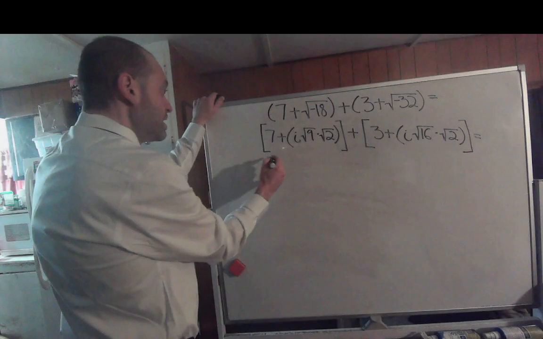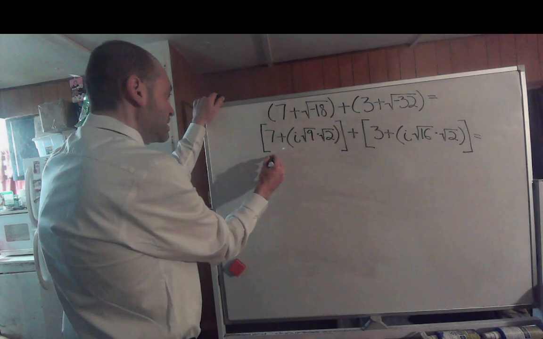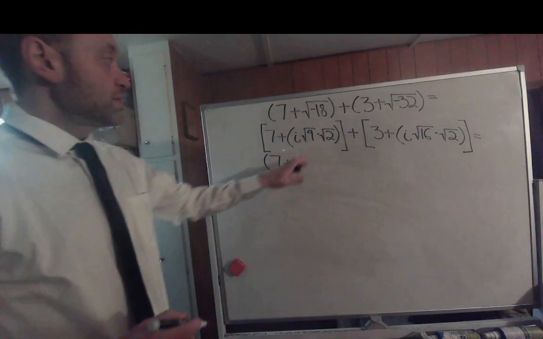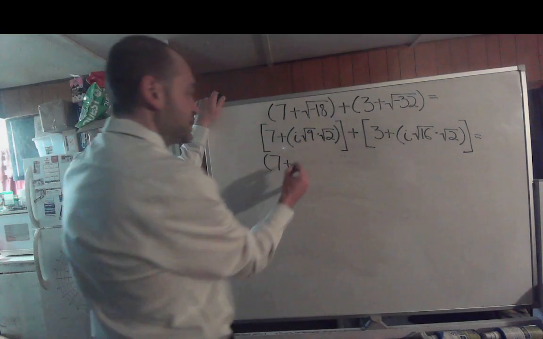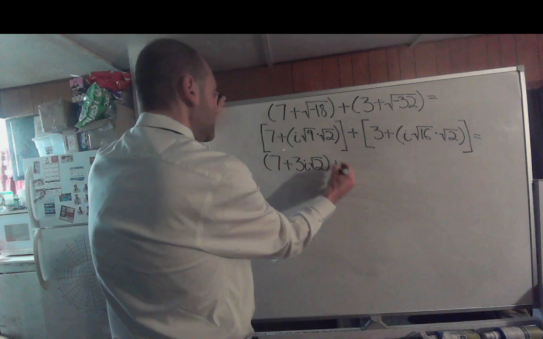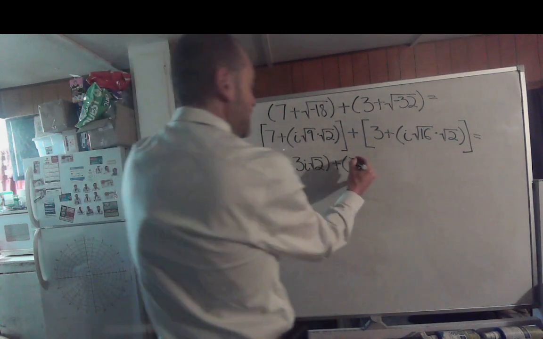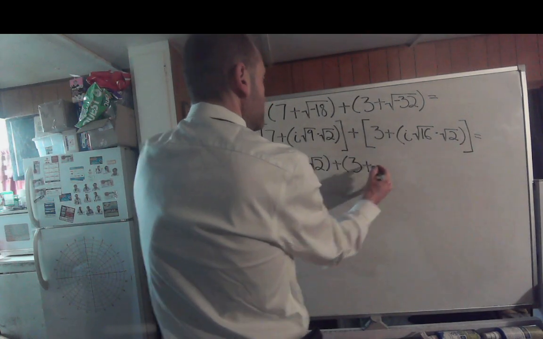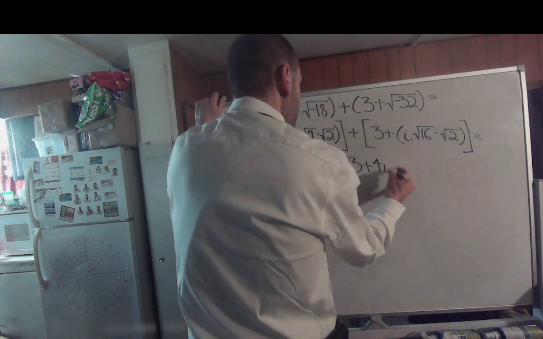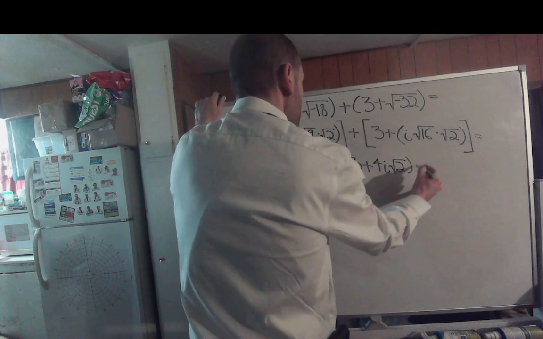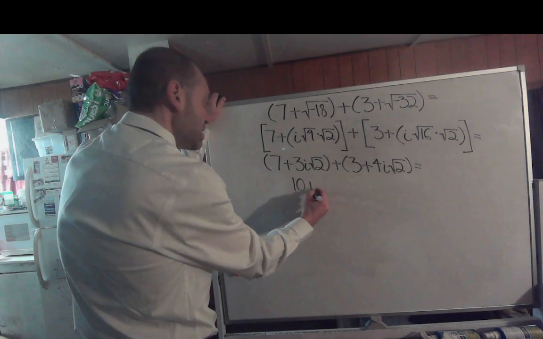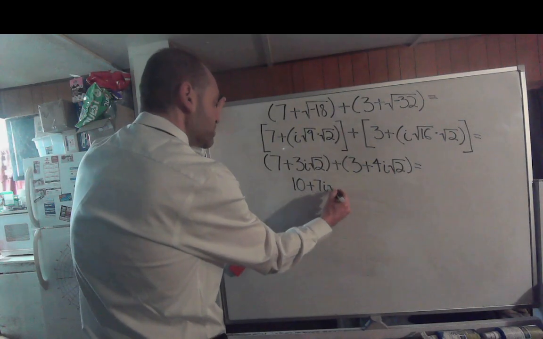So this would all turn into 7 plus, all right, the square root of 9 is 3, so this would be 7 plus 3i times the square root of 2, plus 3 plus, now the square root of 16, that's 4, so 3 plus 4i times the square root of 2, which when you add all these together and collect like terms, you end up getting 10 plus 7i times the square root of 2.